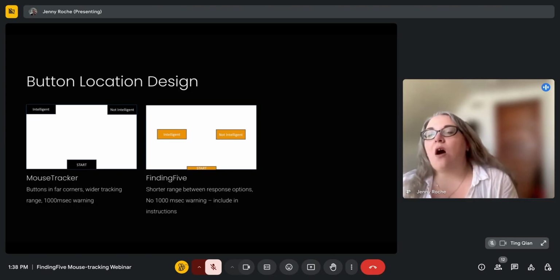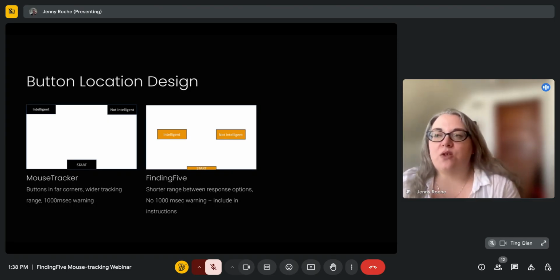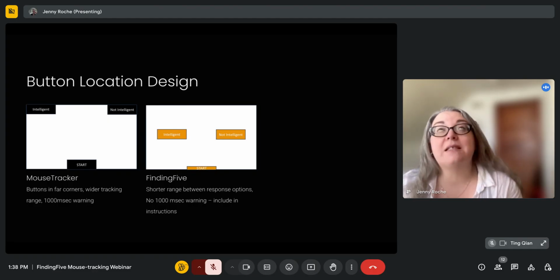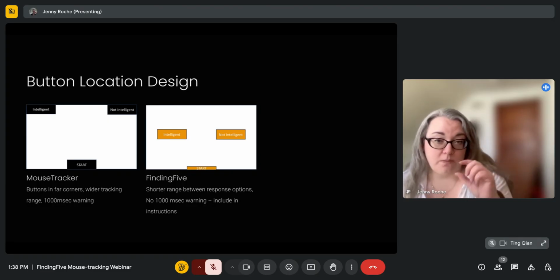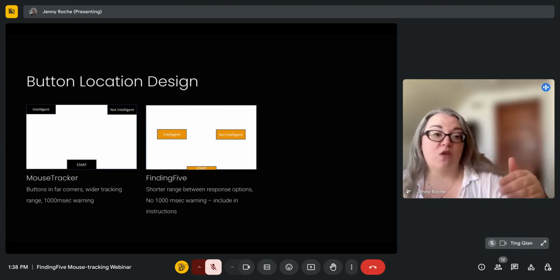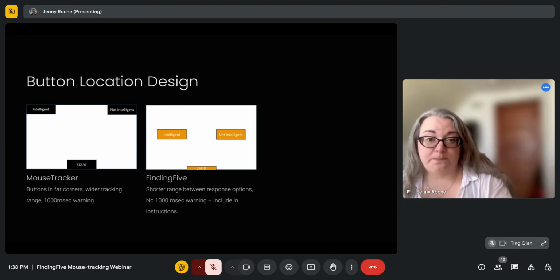The other thing that makes Mousetracker a little bit different is that in Mousetracker, there is a response programmed in that if a participant does not initiate their mouse cursor within 1,000 milliseconds of the start of tracking, at the end of the trial, they will get a notification, please move faster.